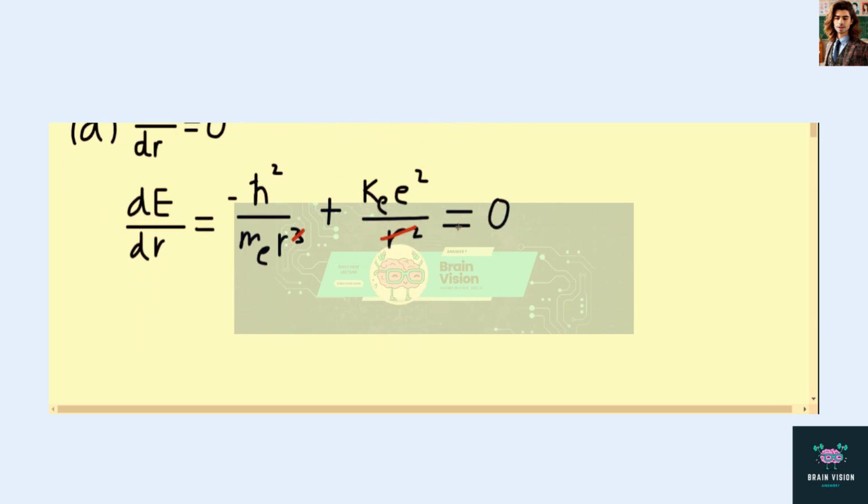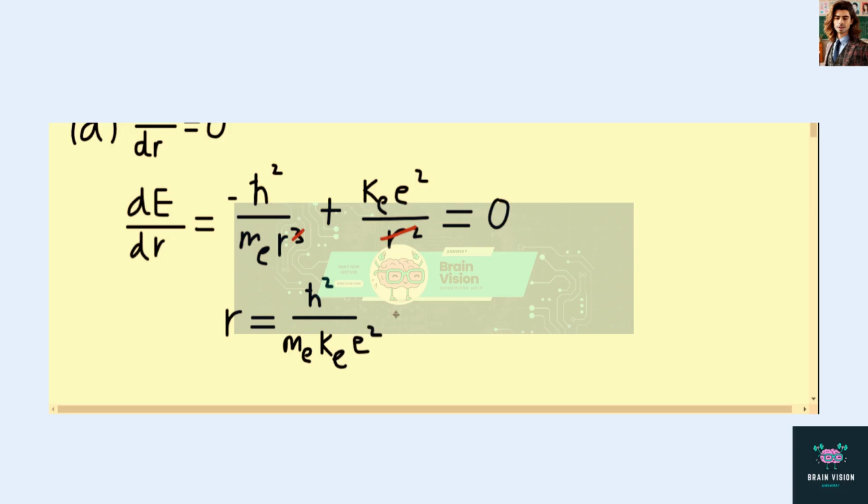Rearranging this to solve for r, we find that r is equal to h bar squared divided by the mass of the electron, m sub e, in units of kilograms, divided by Coulomb's constant, k sub e, times the charge of the electron, e squared.